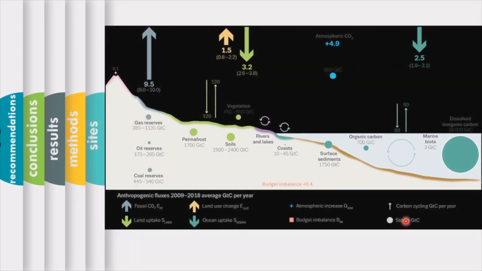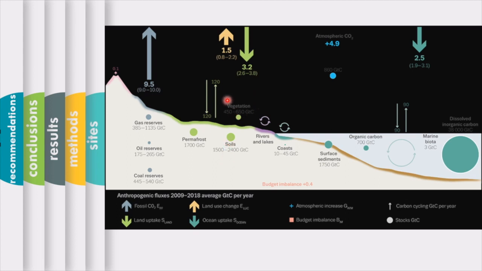Here is a graphic showing the global carbon budgets, and of particular importance to this presentation is this section showing the amount of carbon stored in global soils, which is between 1,500 to 2,400 gigatons of carbon.